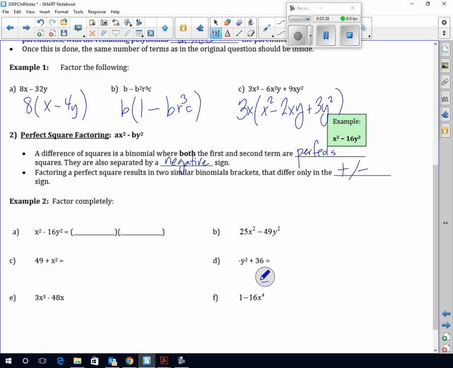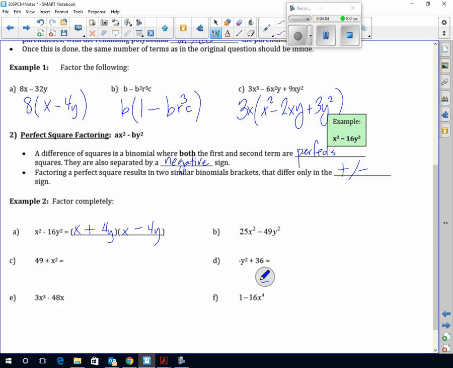What's the square root of x squared? x. What's the square root of 16y squared? 4y. And then the only difference between those two factors is one's a plus, one's a minus. Does it matter which order I put it in? No, it's multiplying. Remember, multiplying has that nice property where it doesn't matter which order you multiply in. 2 times 3 and 3 times 2 will give you the same thing.